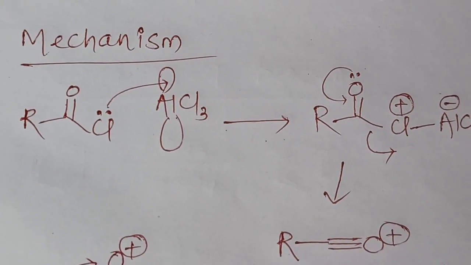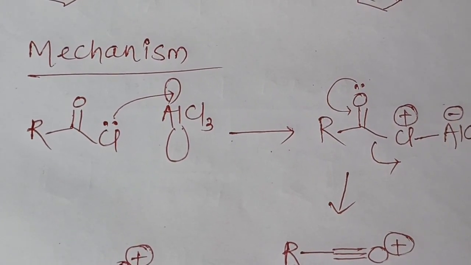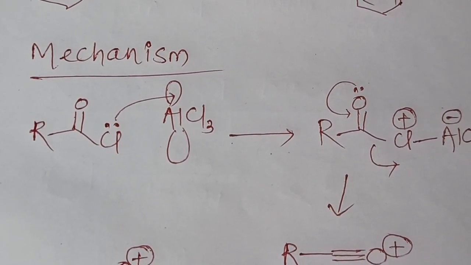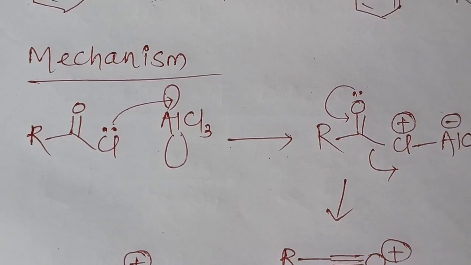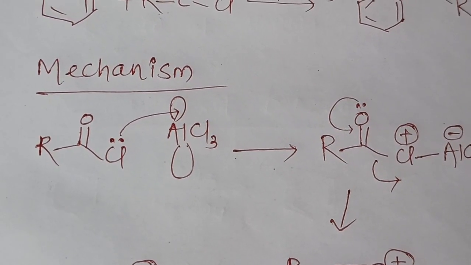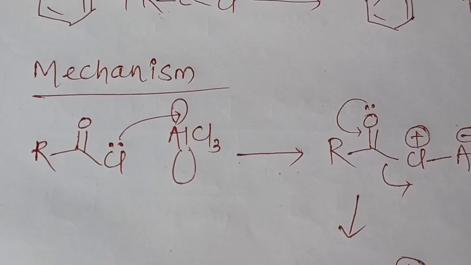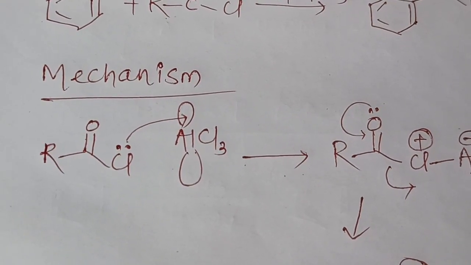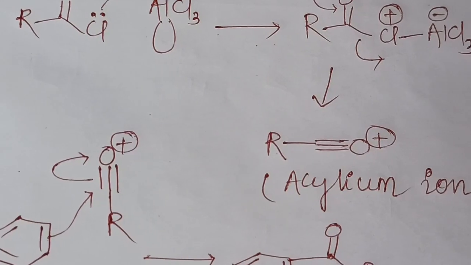But in case of alkylation, the carbocation is formed but it is stabilized by rearrangement or 1,2 hydrogen shift. So in Friedel-Crafts alkylation, polysubstituted products are formed. This is the acylium ion.